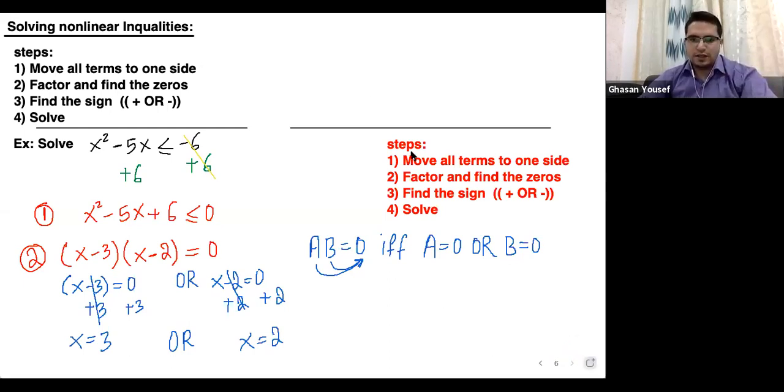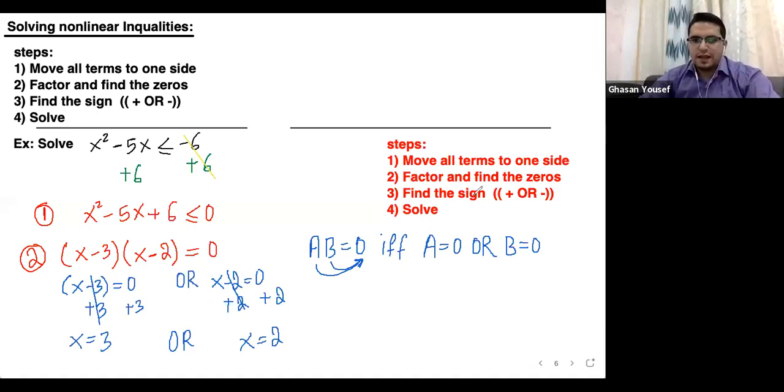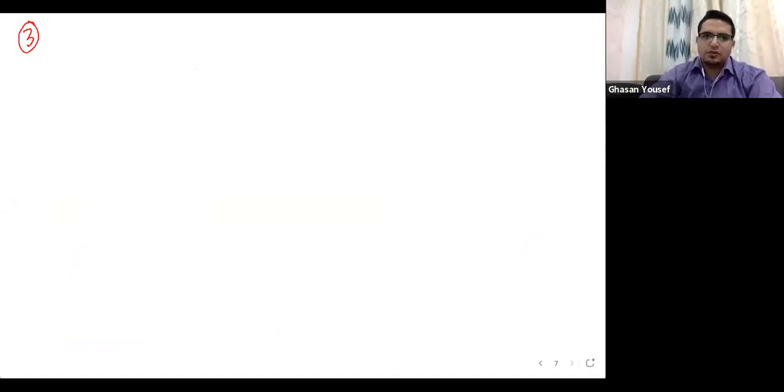Now the question, step number 3. We have to find the sign. This means I have to draw my real line like this. And I have to put the zeros on this line.